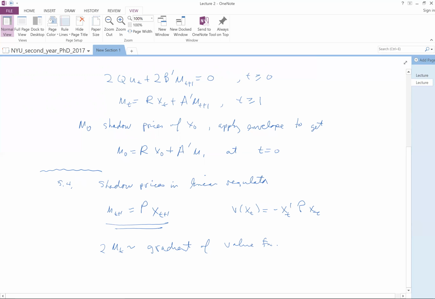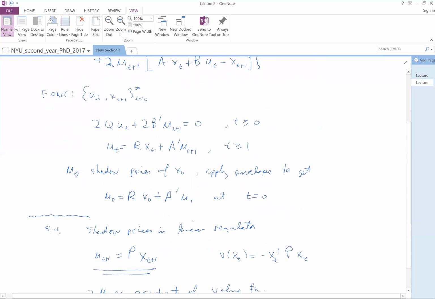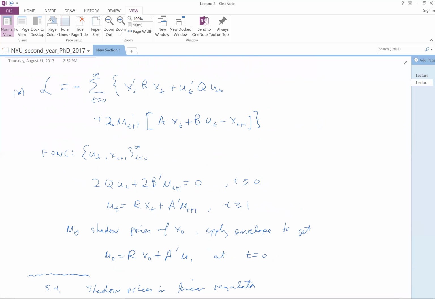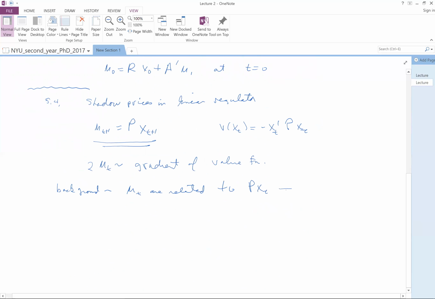Okay, so there's going to be, just in the background, remember that these mu t's are related to P, even though we haven't explicitly brought them up yet when we wrote this problem. And this fact was an insight.